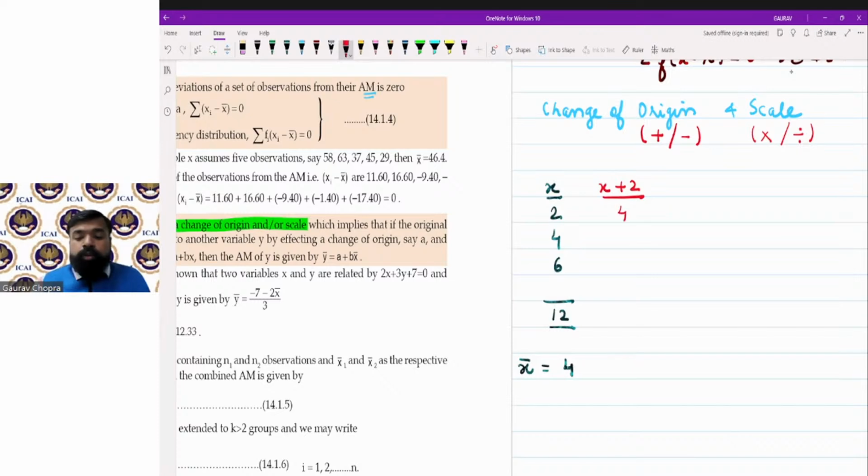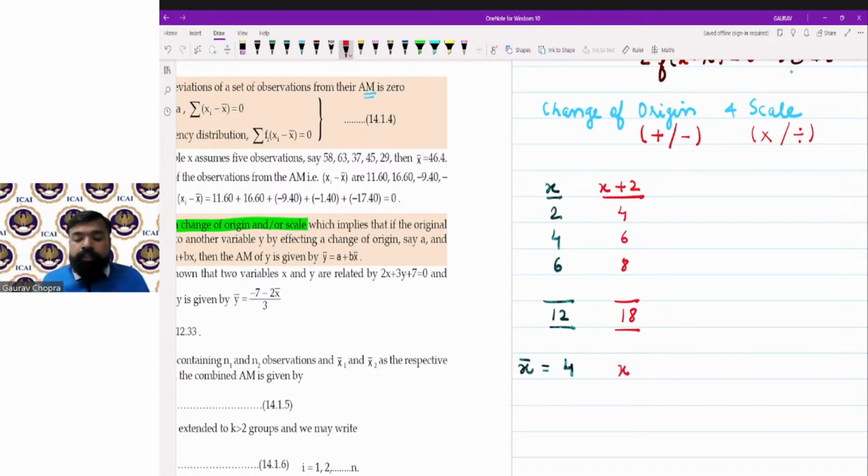So 2 plus 2 becomes 4, 4 plus 2 is 6, 6 plus 2 is 8. The total will be 18. So what will be the new arithmetic mean?